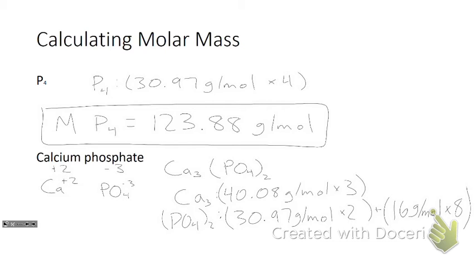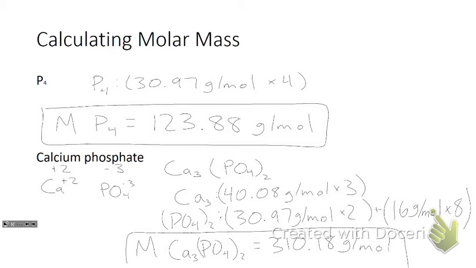So I get a molar mass of calcium phosphate equal to 310.18 grams per mole. Okay, any questions there? All good? Okay.